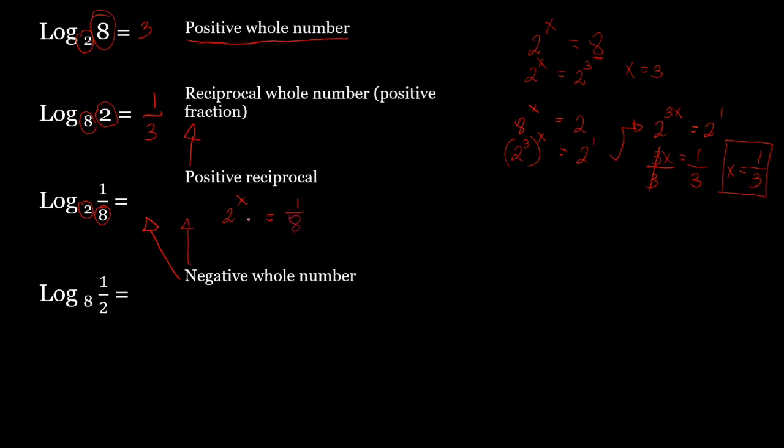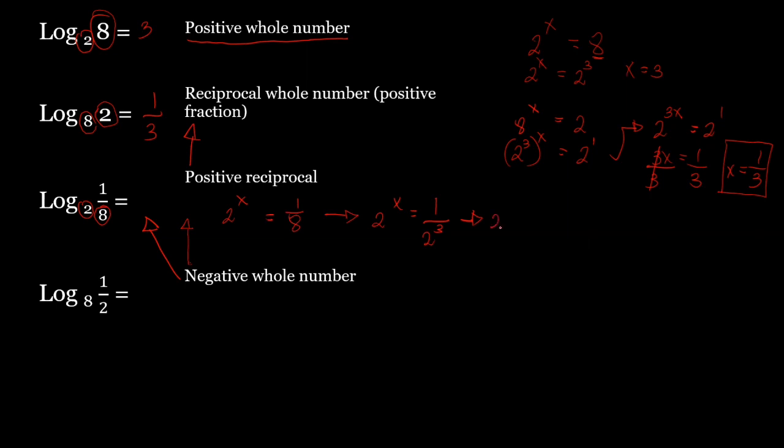Then we can transform the denominator into exponential form, which makes them have the same base. So therefore, it will be 2 raised to x is equal to 1 over 2 cubed. Since this is a fraction, we will take the reciprocal.